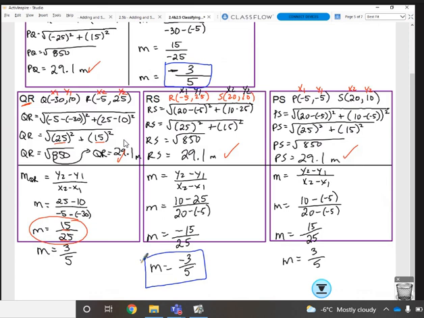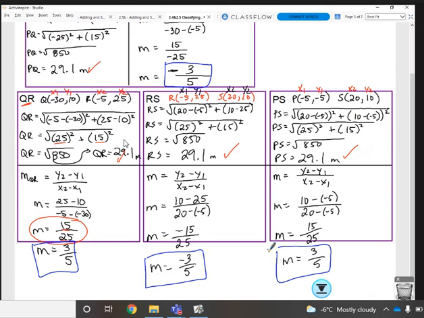Opposite sides are parallel. Positive 3 over 5, positive 3 over 5. Those opposite sides are parallel. And that's great. Now, are there any perpendicular slopes here? No, there's not. It's so close though, right? One's positive, one's negative, but it's not a negative reciprocal. So be cautious of that. That could be a little tricky.